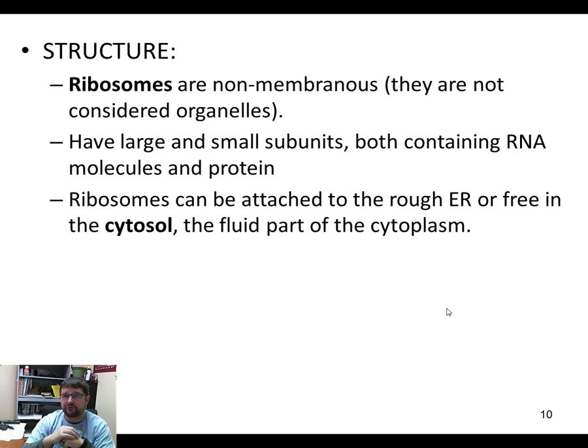And because all organisms on the planet have ribosomes, researchers, scientists have been able to utilize this ribosomal RNA to connect the dots. What group is related to what group? And this ribosomal RNA research is what allowed us to come up with the three domains, archaea, bacteria, and eukarya.